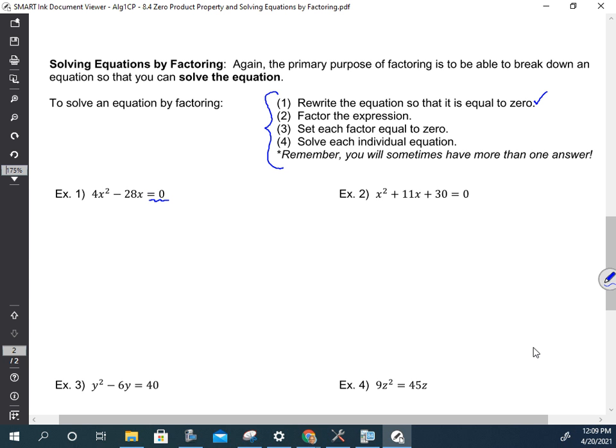Remember, right now we only have 3 ways to do it: GCF, MAF, and grouping. Grouping, you need 4 terms. MAF is 3 terms. GCF is anytime.